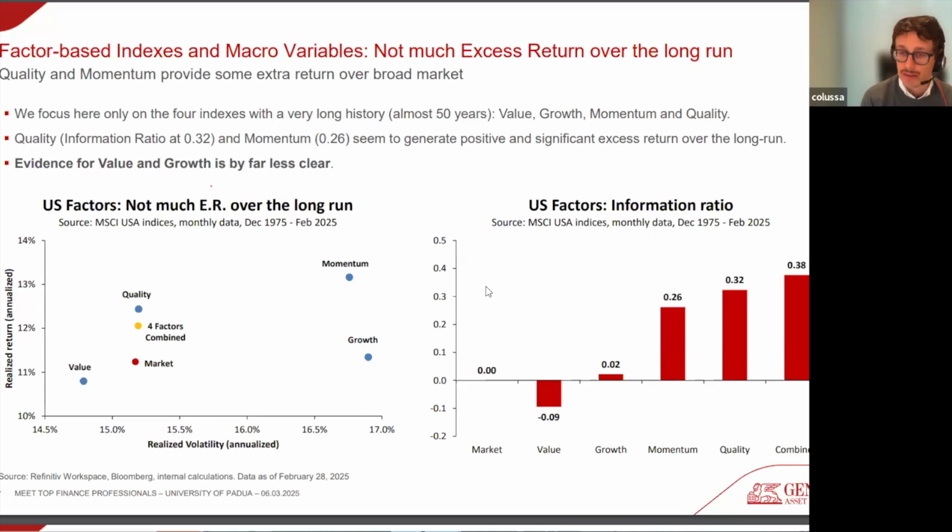Well, my question is about, for example, if you compare factor investing with, I don't know, another strategy, for example, investing in countries around the world, US, Europe, emerging markets, and so on.